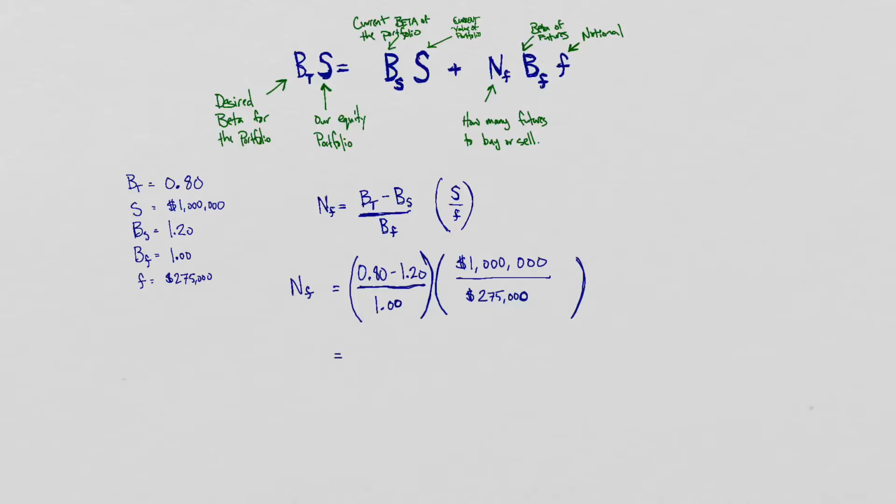And so if we simplify this, the top here goes to minus 0.4, and that minus number is just verifying that we're selling the futures contracts in order to get a reduced beta. And then this term here simplifies to, as before, 3.63, which we rounded to 4. Let's this time round all the way at the very end.